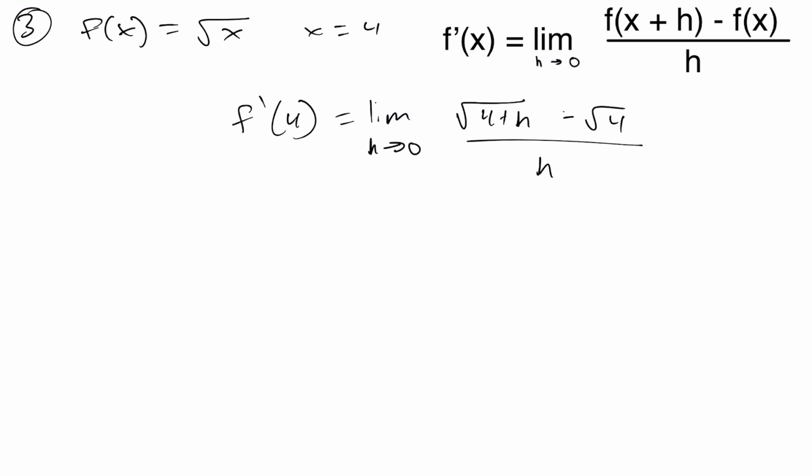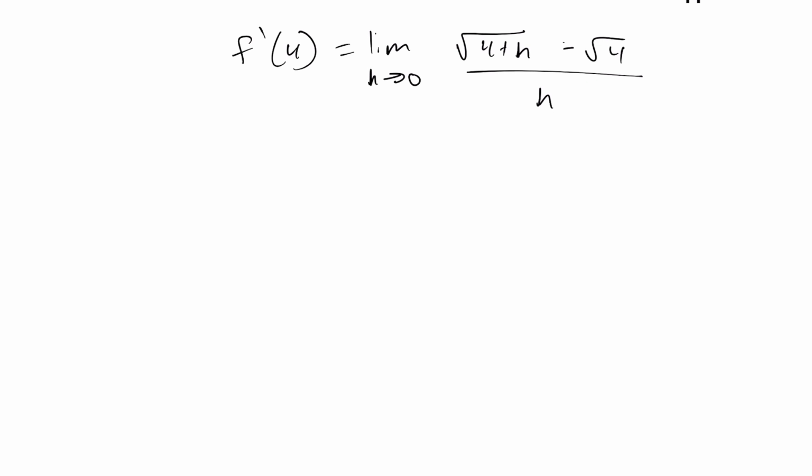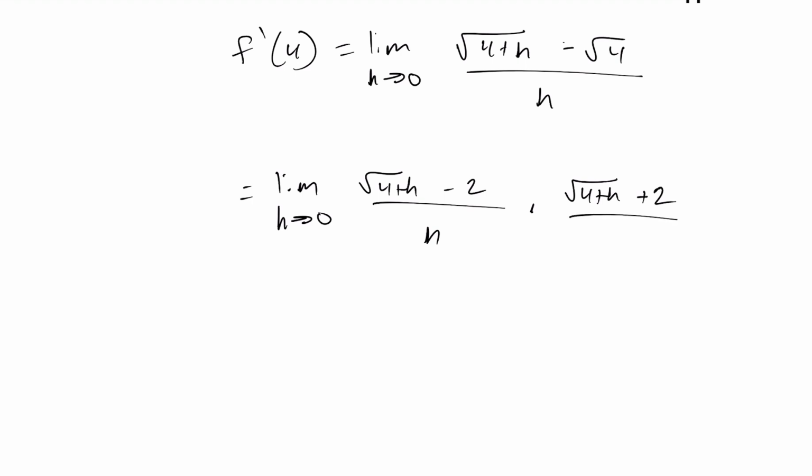Now we need to multiply the top and bottom by the conjugate to try and simplify those square root signs. So it's the limit as h approaches 0 of the square root of (4 + h) minus 2, over h, times the square root of (4 + h) plus 2, over the square root of (4 + h) plus 2.